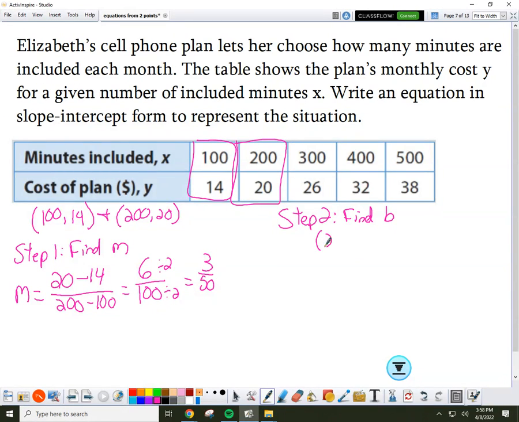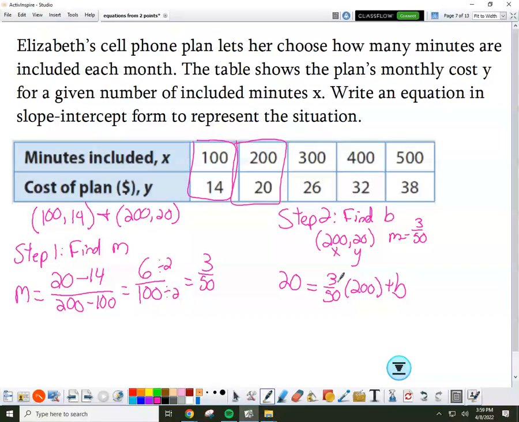So I'm going to pick 200, 20, and then my slope that we just found, which was 3/50. We're going to plug everything in. This is our x, this is our y. So we're going to have 20 equals 3/50 times 200 plus b. If I said 5 before, I'm sorry, it should be 3/50.